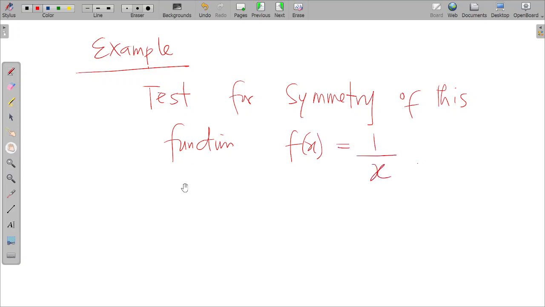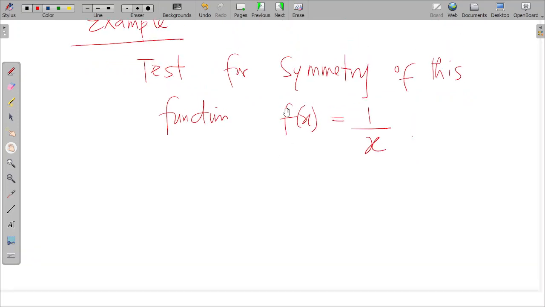We want to test for which symmetry this is. To test that, we can equate f of x with y. We say this equals this.